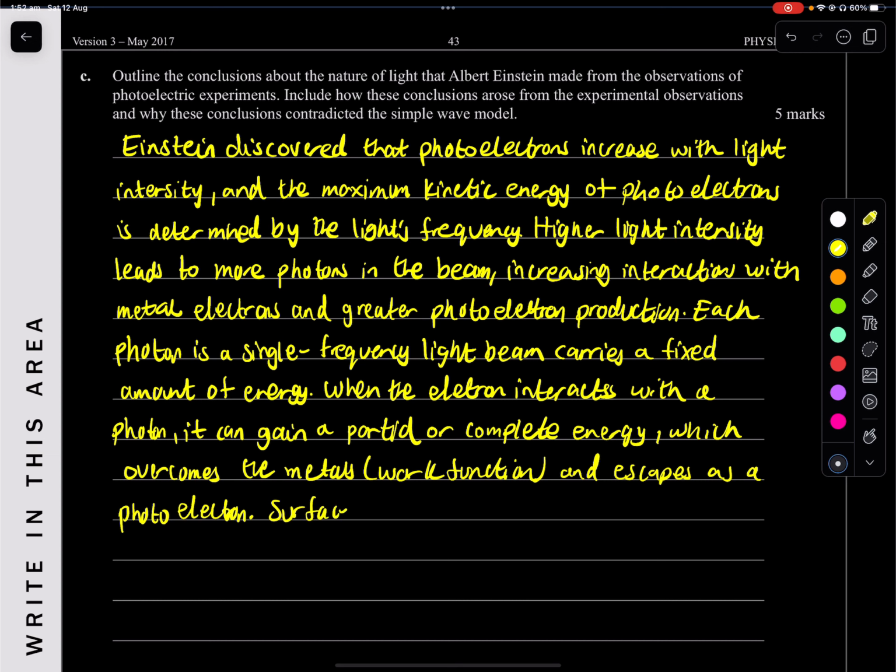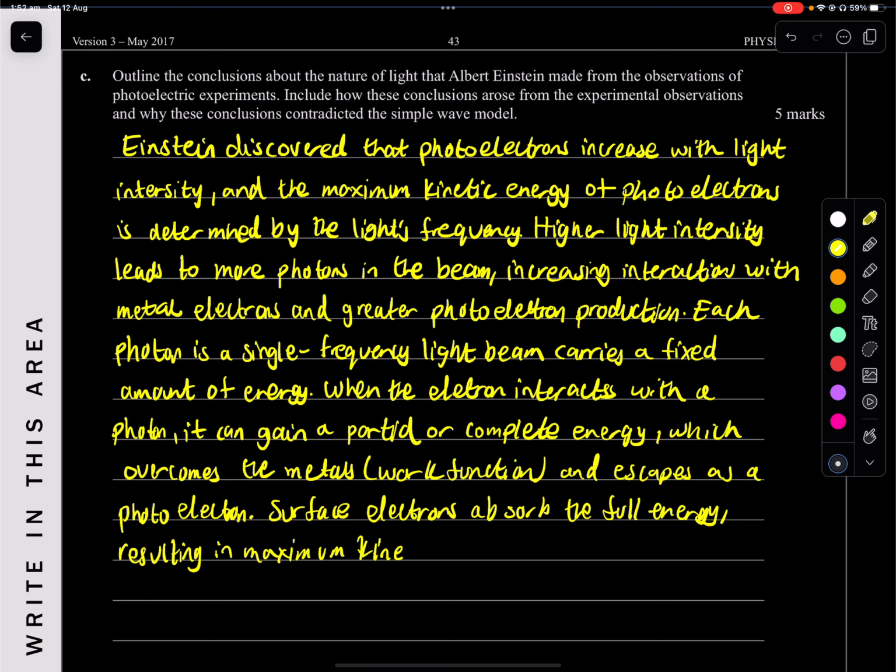Surface electrons absorb the full energy, resulting in maximum kinetic energy emission.